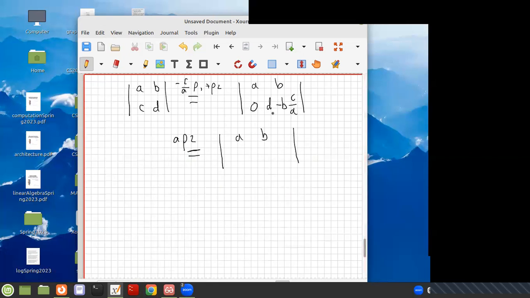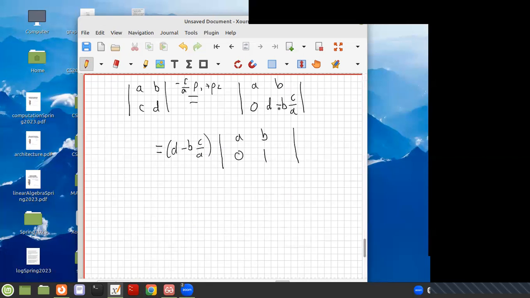Since there is a 0 here, I can factor out this number. This is going to equal D minus B C over A times the matrix with rows 0, 1.